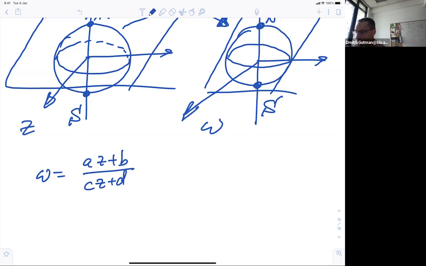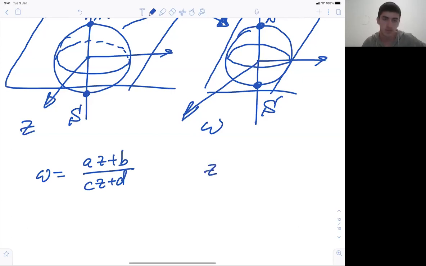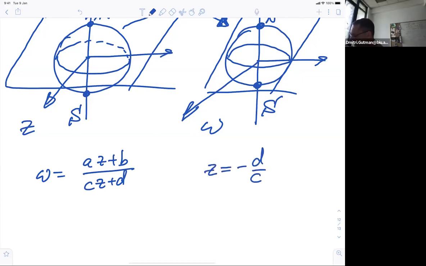What are the special points of this transformation? What special points can you point out? z equals minus d over c. This is a pole of the transformation.